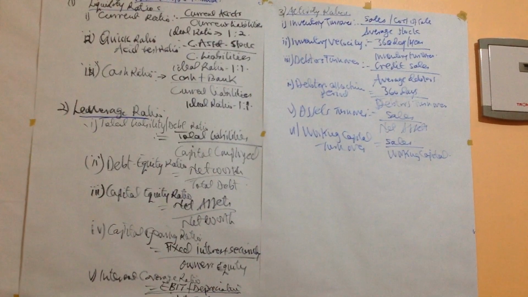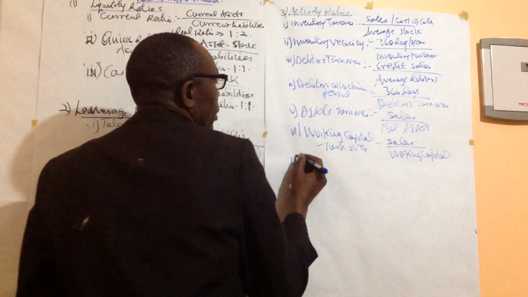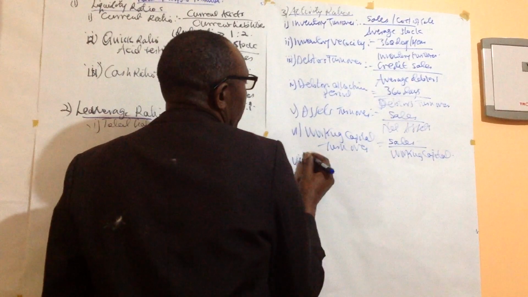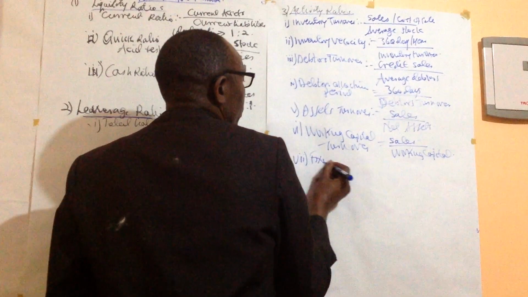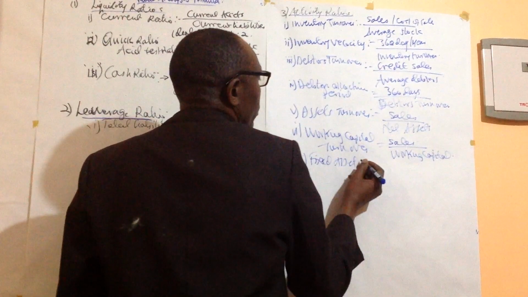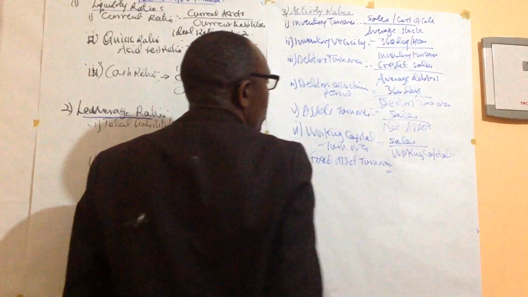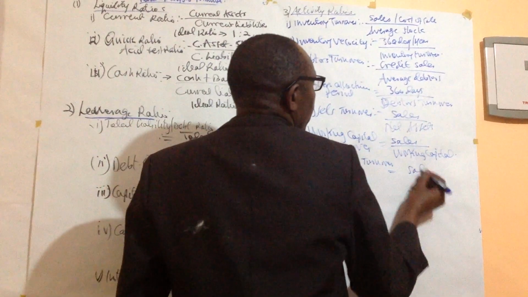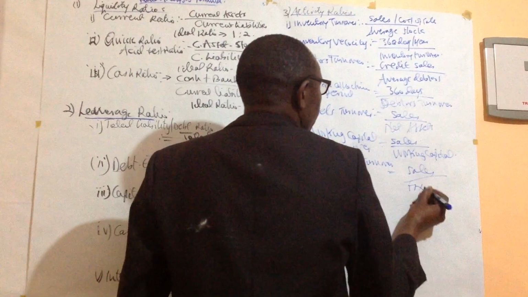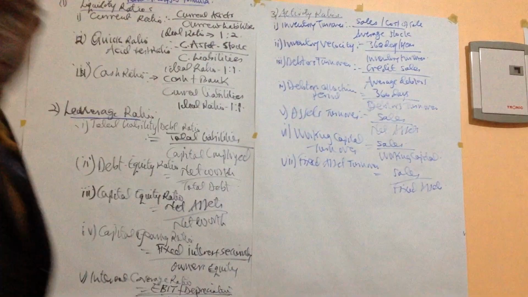Then lastly, under the activity ratios, we have the fixed asset turnover. Here we talk of sales over the total fixed assets.